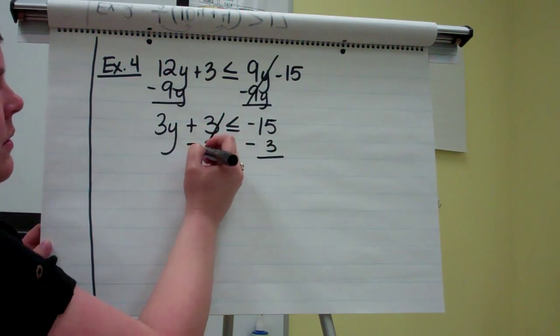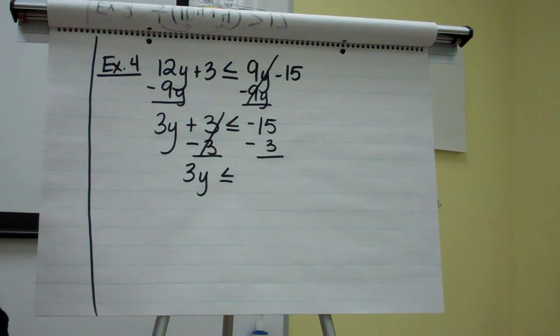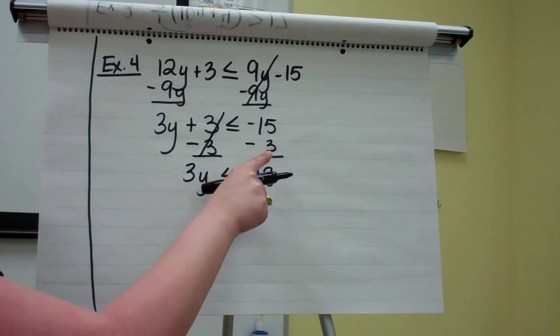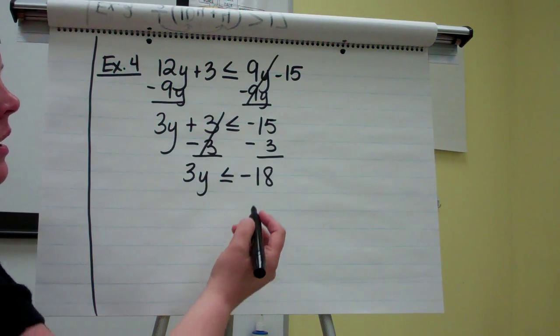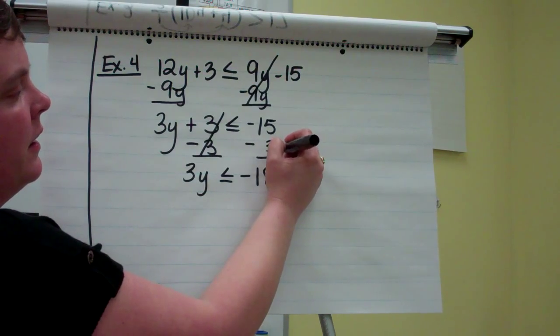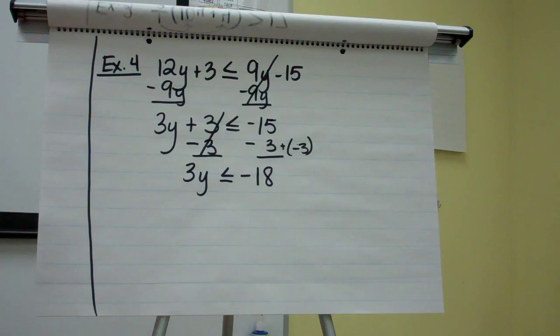All right, so that's a 0. I'm left with 3y ≤ -15 - 3, which is -18. Think of a number line. If you're subtracting 3, you're going farther to the left on the number line. You can also think of it as adding the opposite. Okay, so either way, you're going to get negative 18.